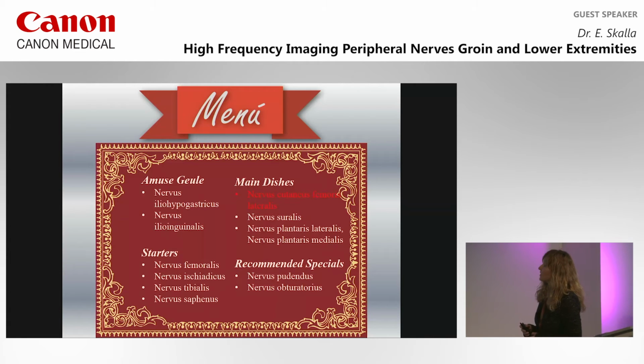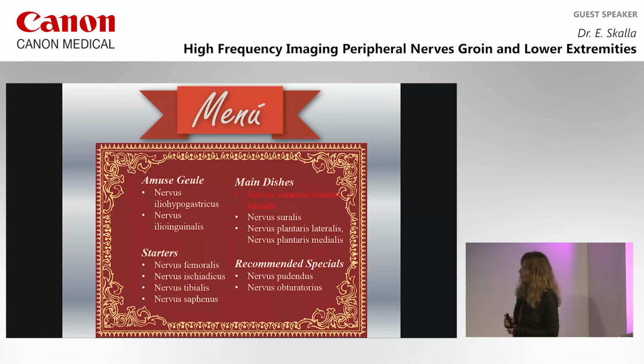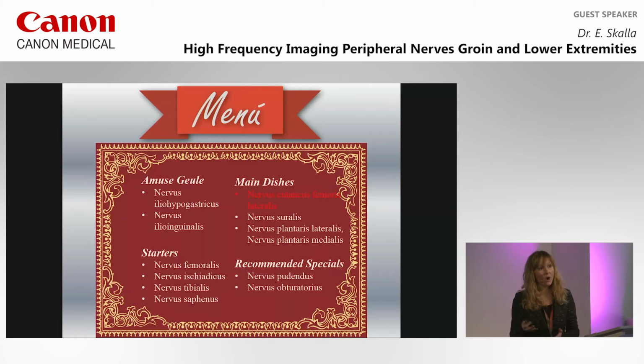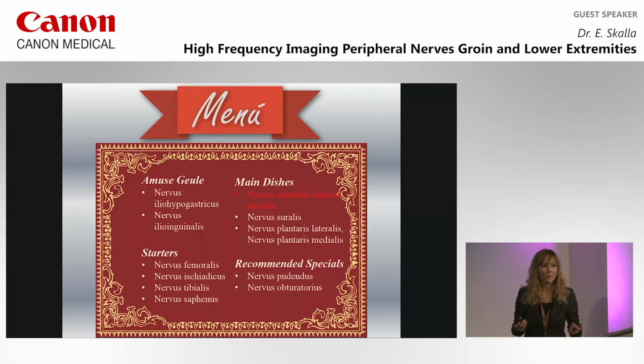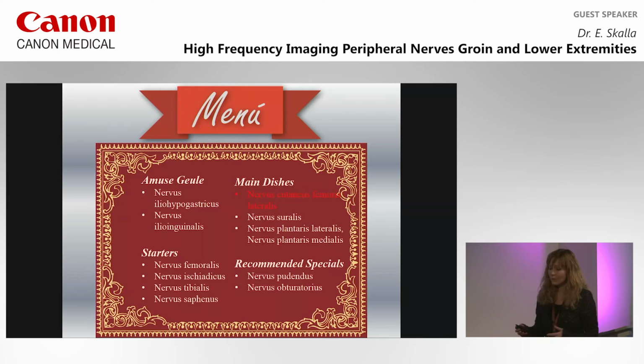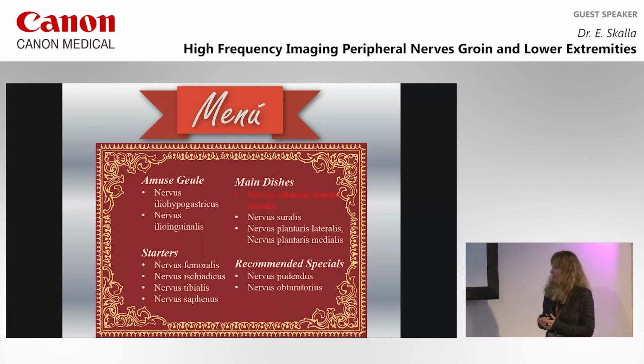So, main dishes: the lateral femoral cutaneous nerve. As I told you, we often have to assess it in cases of meralgia paresthetica after hip surgery or without any reason. At the beginning, we start to search for it at the anterior superior iliac spine.